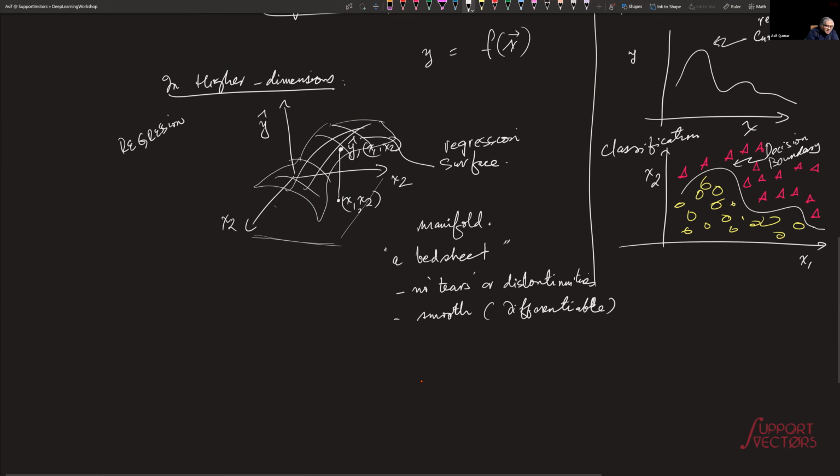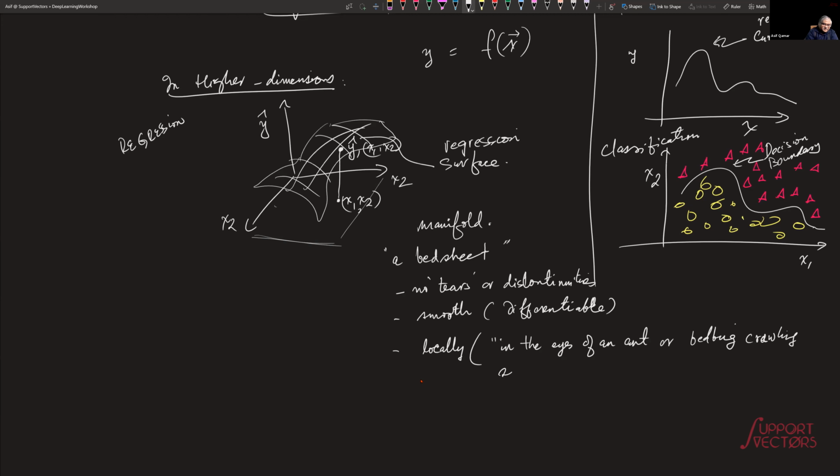which is that locally, in the eyes of an ant, or God forbid, a bedbug crawling somewhere on the sheet, what happens?